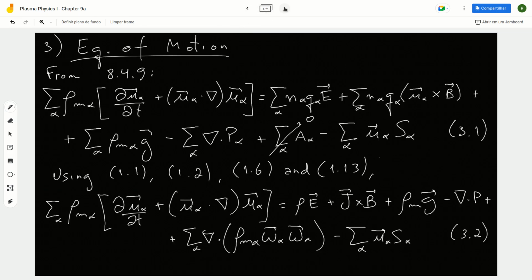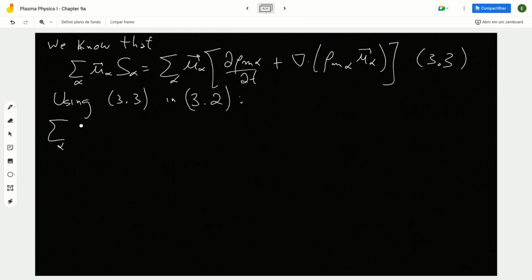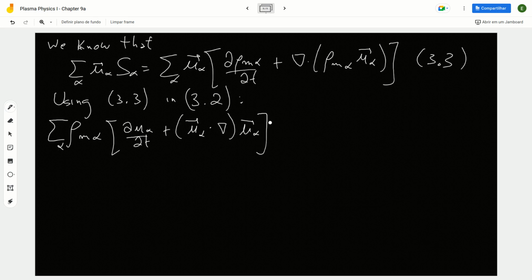It's alpha omega. Okay, alpha omega, that's correct. Del U alpha del t plus U alpha dot nabla U alpha plus U alpha rho, well, just that.